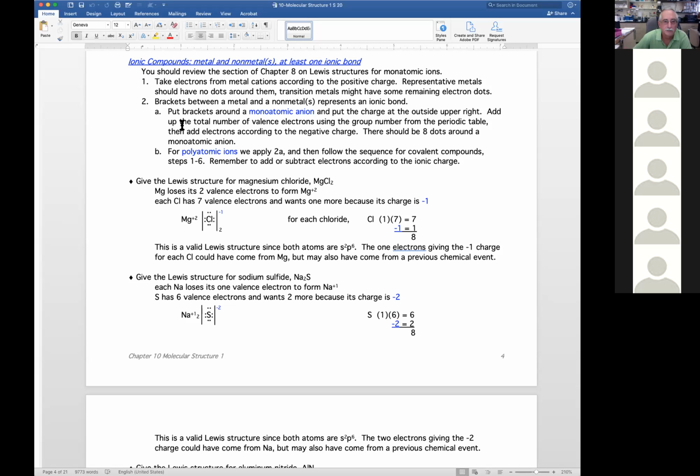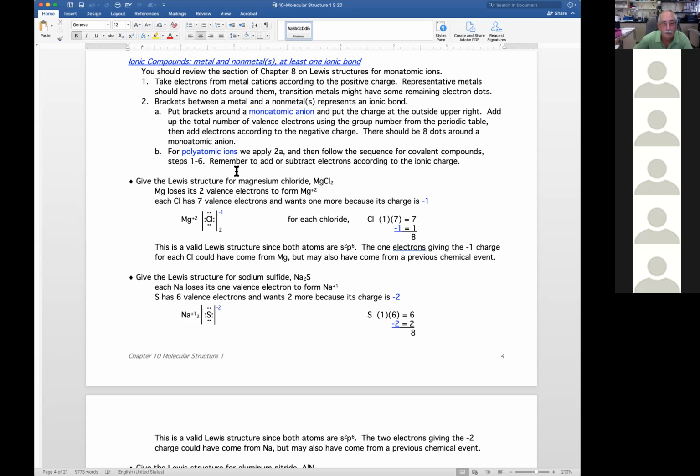Put brackets around a monoatomic anion and put the charge at the upper right. Then you add up all the valence electrons using the group number from the periodic table, and add electrons according to the negative charge. For a monoatomic ion, you should get 8 dots around that nonmetal, like we have here.